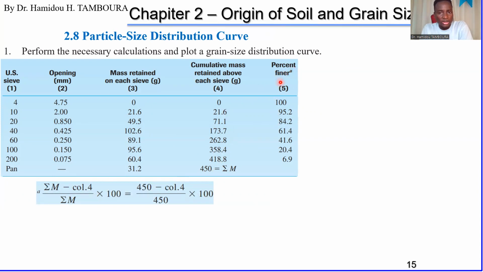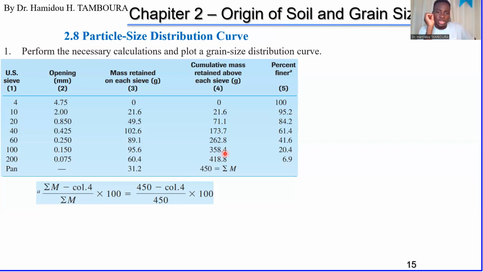Then you can get the percentage. The percent finer is just the passing. How to obtain the passing? Total mass, which is 450, minus cumulative. This is how you obtain the passing.